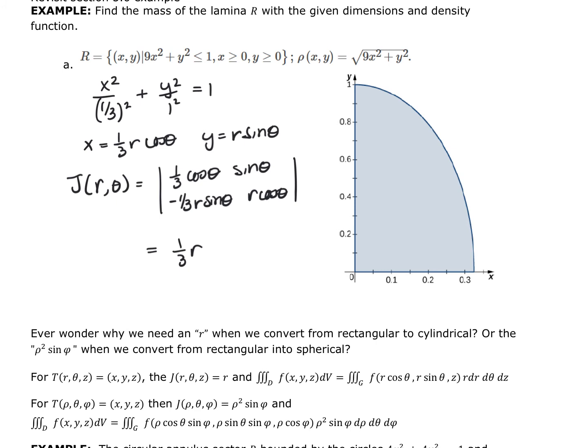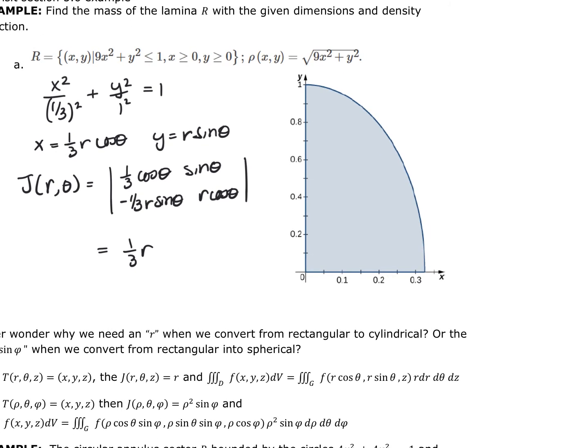Nice. So now my integration from 0 to pi divided by 2, 0 to 1, because that's my radius, is going to go from 0 to 1. My angle is going to go from 0 to pi divided by 2. So this is what we did all last week.